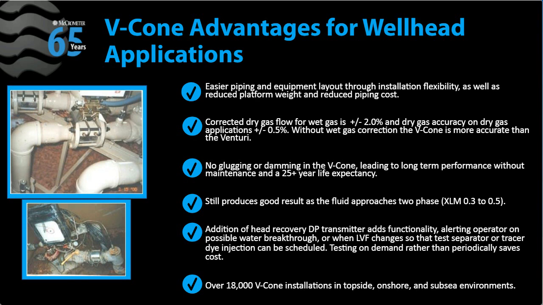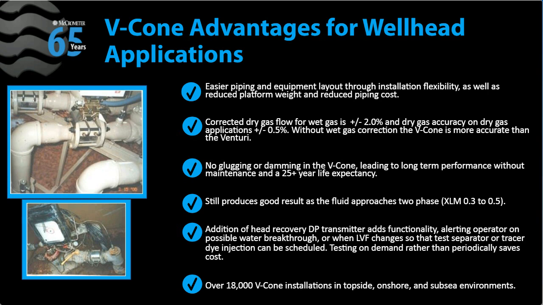When it's a dry gas or a single phase liquid, then we're able to deliver up to plus or minus 0.5% accuracy. There is no glugging or damming in the V-cone, which leads to long-term performance without maintenance and a 25-plus year life expectancy. We have plenty of meters that were built in the 80s and 90s.